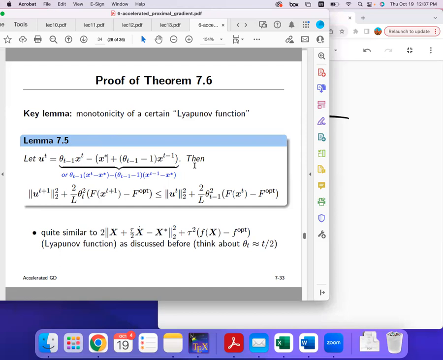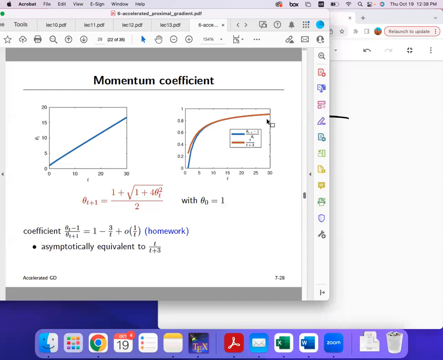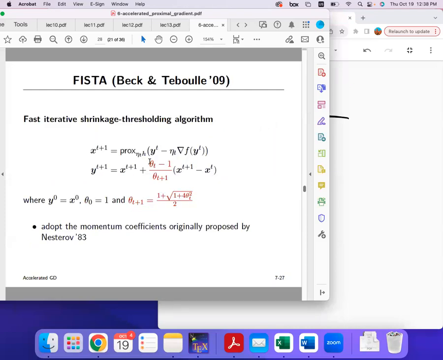So u_t is a linear combination of these 3 vectors with different coefficients, and the coefficients depend on theta_{t-1}. This theta_t is involved in the momentum parameter.